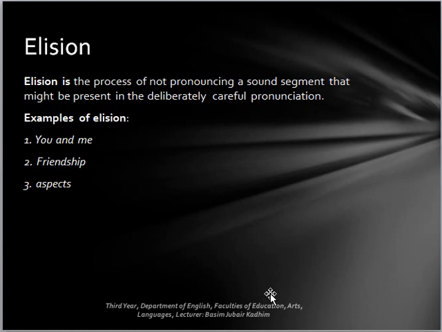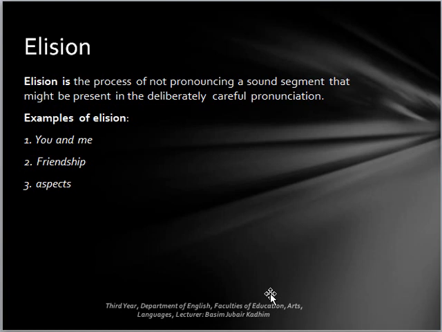And the second co-articulation effect is called elision. Elision is a process of not pronouncing a sound. Simply speaking, it is a process where a sound is not pronounced. This might be present in deliberately careful pronunciation. For example, 'you and me'.